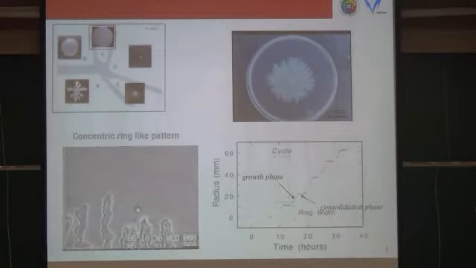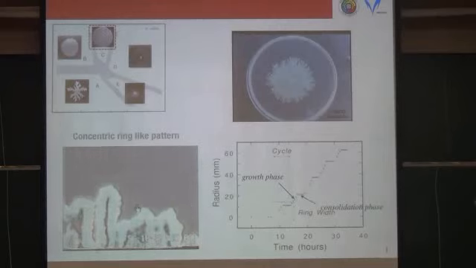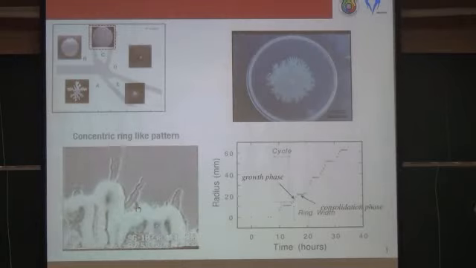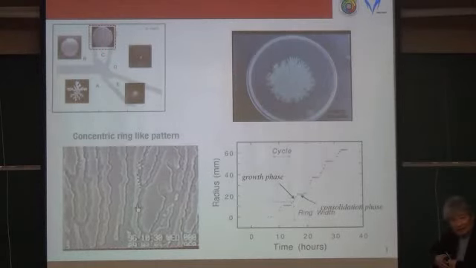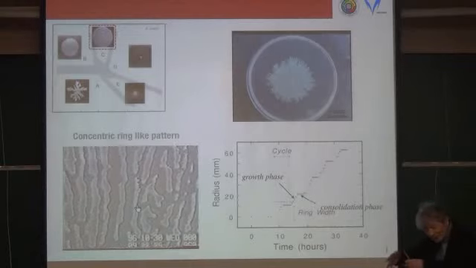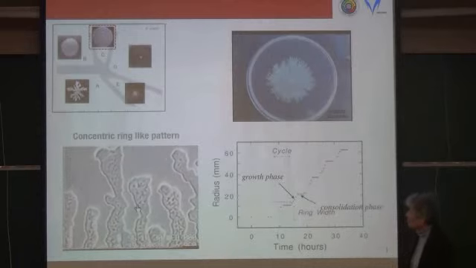Stop. And then they change from this finger pattern to almost like this, okay? And then again, the fingering pattern spreads across. So it's a sort of oscillatory phenomenon. Moving here and stopping, and so like this. This is what we call the concentric ring pattern.